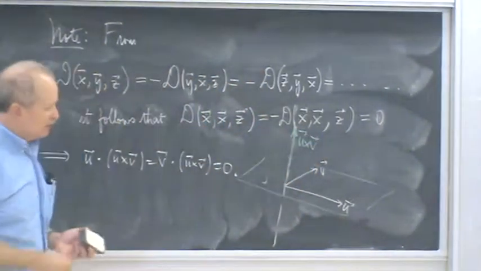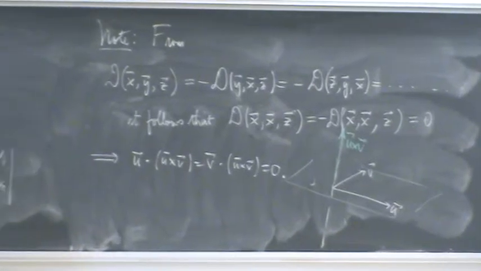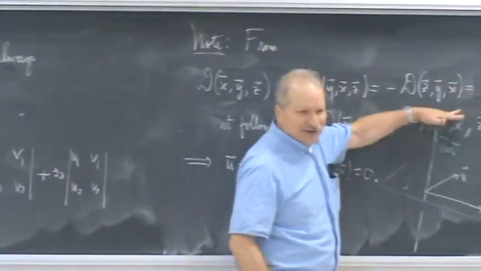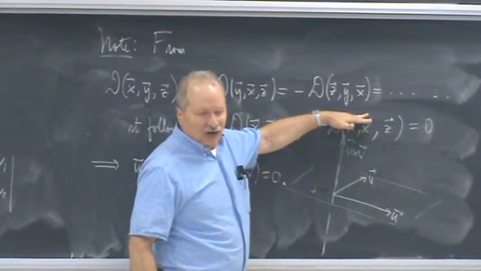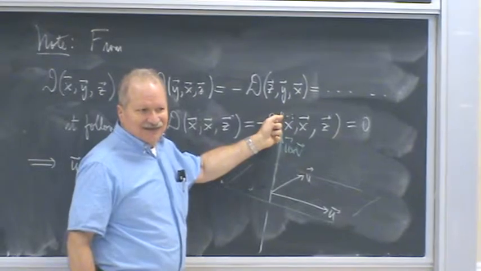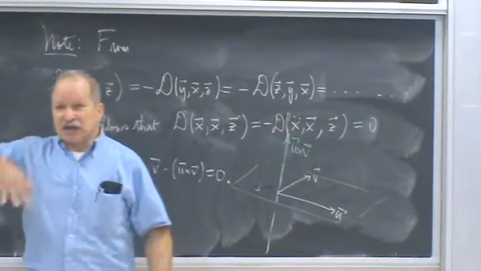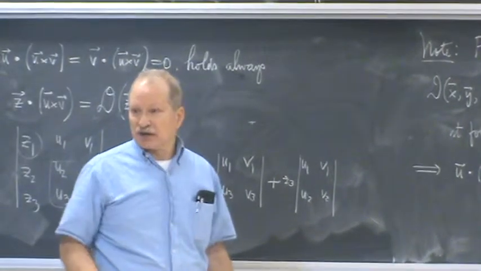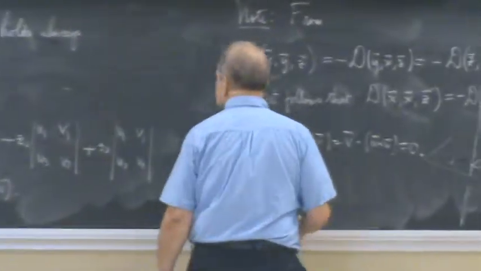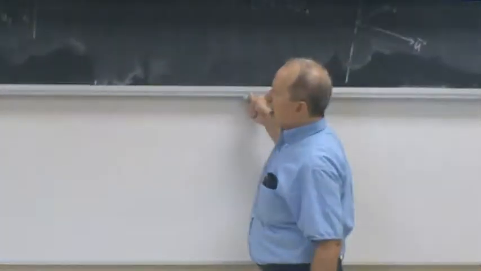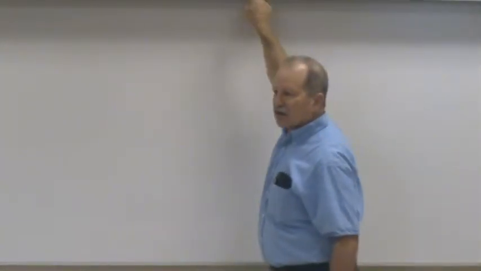But I don't know yet whether it's pointing up, nor how long it is. So you know it's perpendicular to the plane, but you don't know its magnitude, and you don't know which direction it's pointing. So I'm curious to figure those out. What is the magnitude of the cross product?